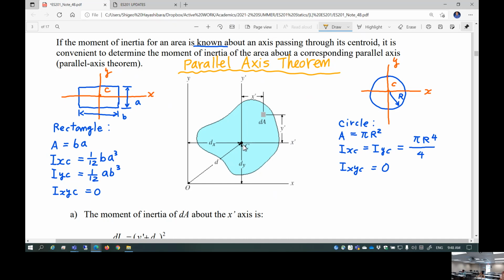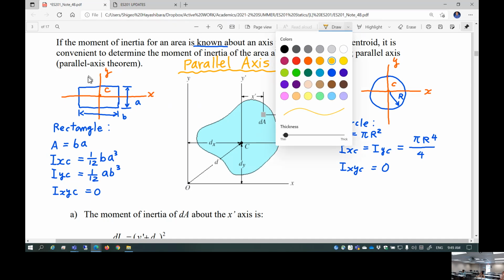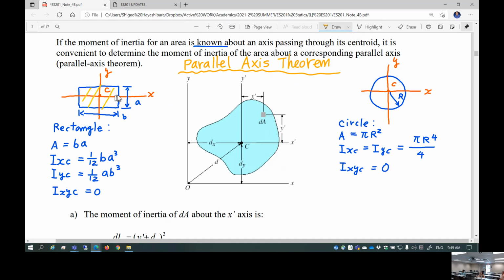But what I want to know is the moment of inertia of this area about the x and y axes. The x and y axes are not the centroidal axes. So you are going to determine the moment of inertia of this cross-section about the centroidal axis, which is already known, and then bring it to either the x-axis or the y-axis to determine Ix or Iy.